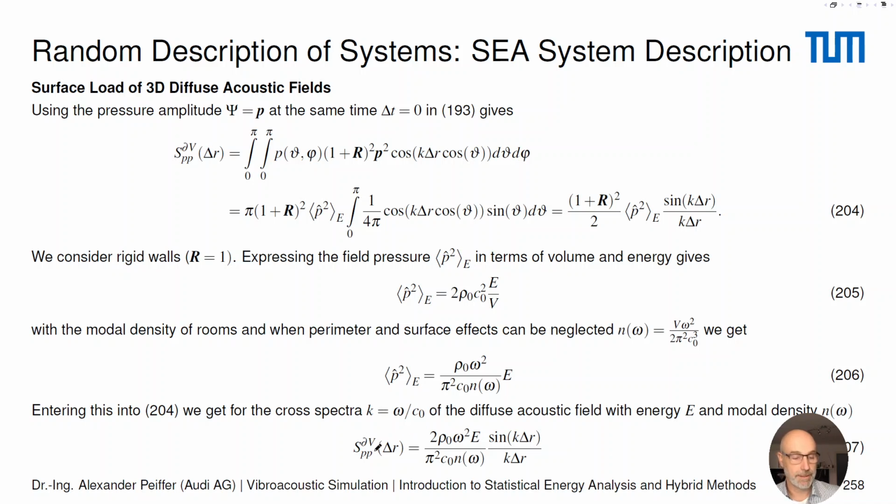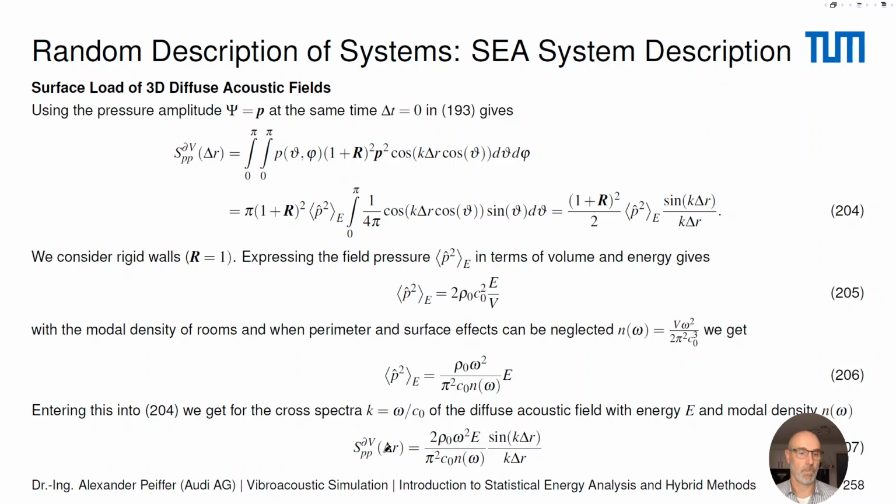And that's quite a reasonable, simple function. So we need the energy, the modal density, and we have an expression of the distance of 2 points at the boundaries. And this gives us the cross-spectral density for 2 measured pressure positions at the boundary with distance delta r.